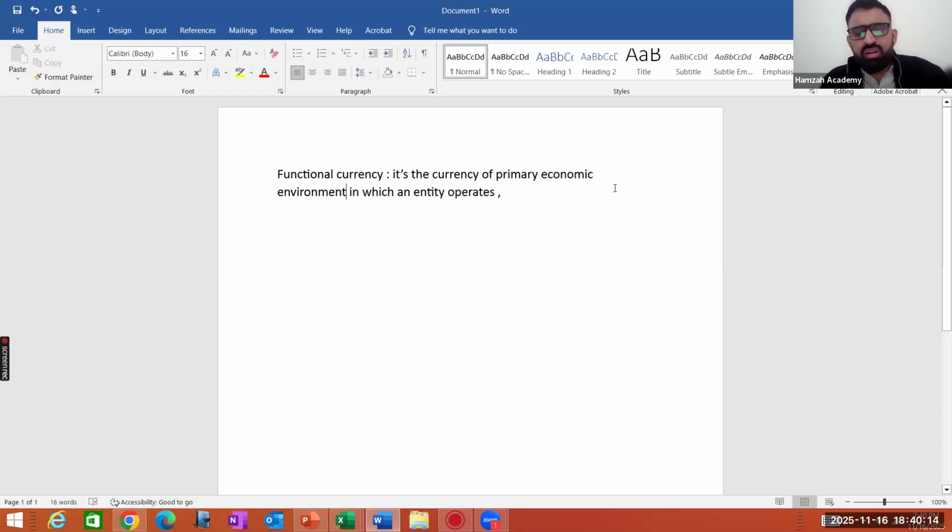The currency of the primary economic environment in which the entity operates is known as the functional currency.